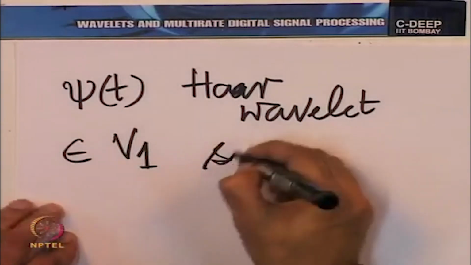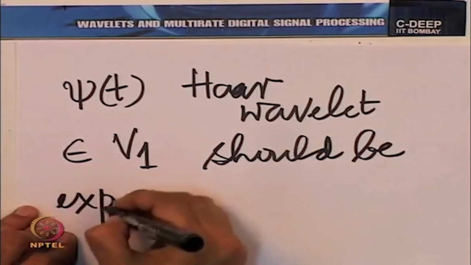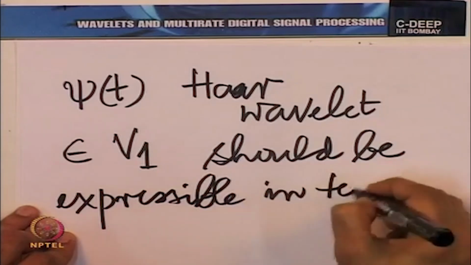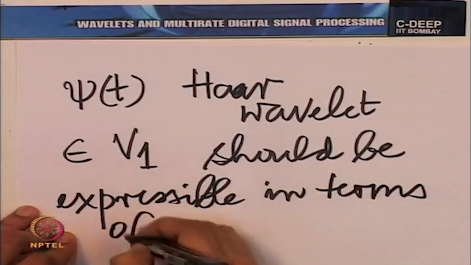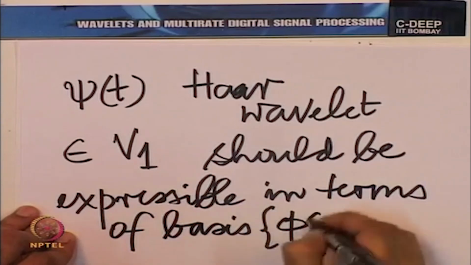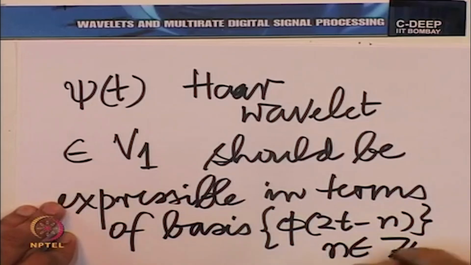So, it should be expressible in terms of its basis. What is that basis? Phi 2 t minus n for integer n.